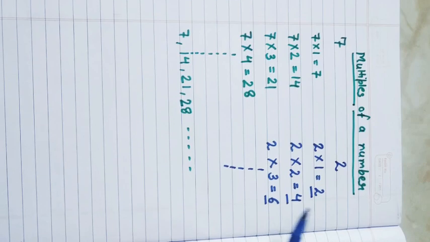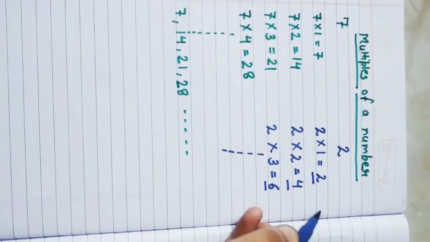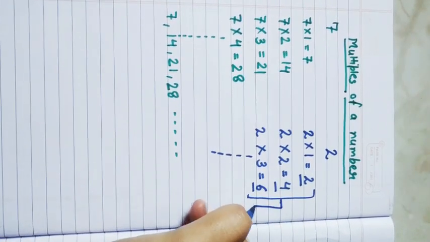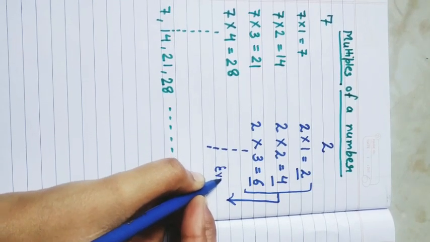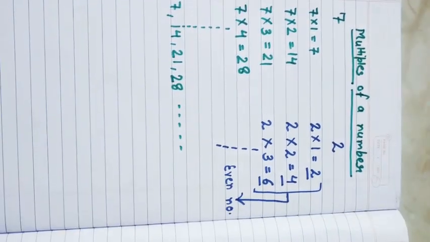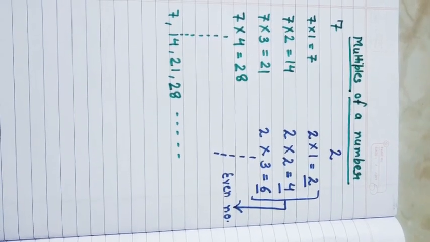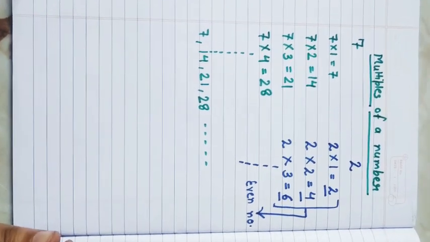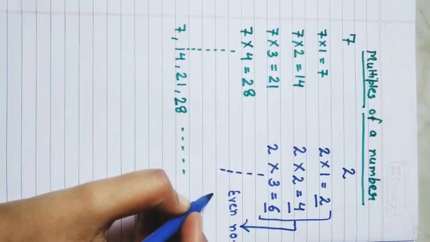So, what is special in this? All the multiples of 2 are called even numbers. And what about the numbers which are not multiples of 2? The numbers which are not the multiples of 2 are called odd numbers.